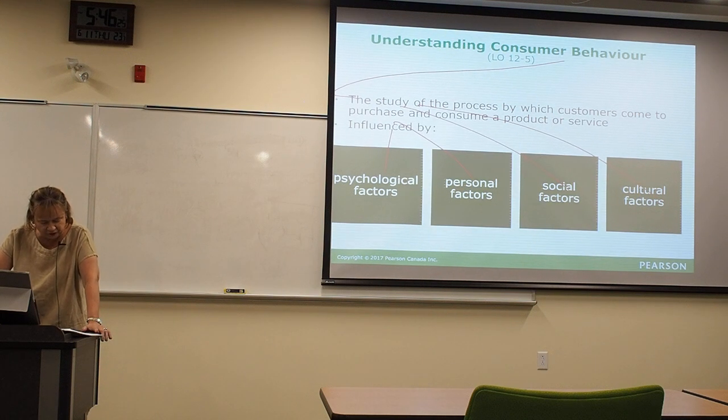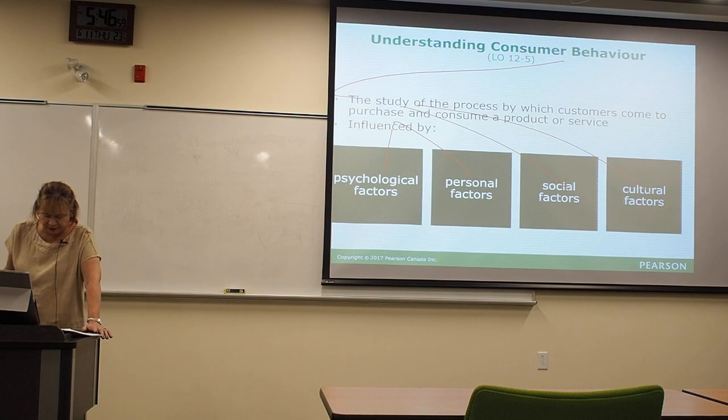Psychological factors are a person's motivations, perceptions, and attitudes. I absolutely always buy Japanese cars. I definitely have an attitude that Japanese cars are better. Personal factors would be like your lifestyle, your personality, your economic status. I remember when I had to get rid of a two-door car because I couldn't get the baby bucket in the back seat, and I had to get a four-door car.